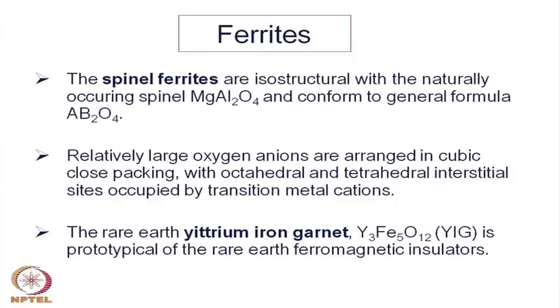It is prototypical of the rare earth ferrimagnetic insulators, not ferromagnetic insulators. Yttrium is a rare earth cation, and it can also be replaced by other cations, like one of the other members, gadolinium, Gd, gadolinium iron garnet.